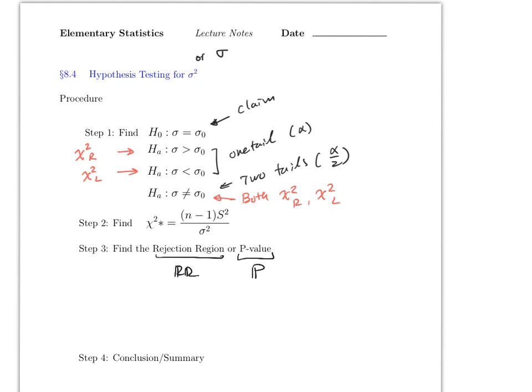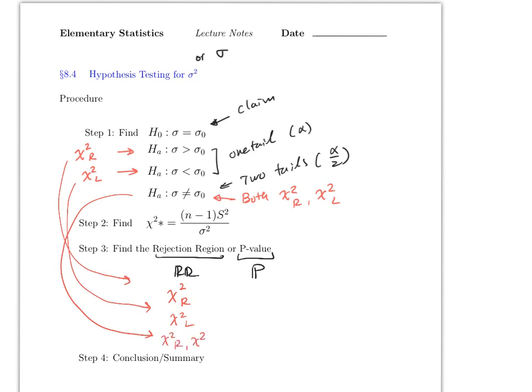So if we have the first case, then the rejection region is just going to be chi-square right. The second case is just going to be chi-square left. And if it is this case, it's going to be both chi-square right and chi-square left, if it is two tails. For this one, the p-value is going to be the probability that chi-square is greater than chi-square star.